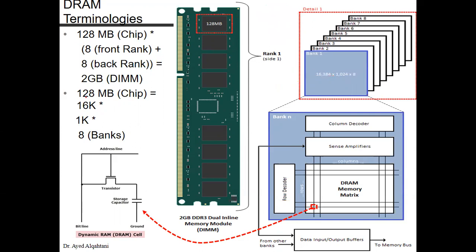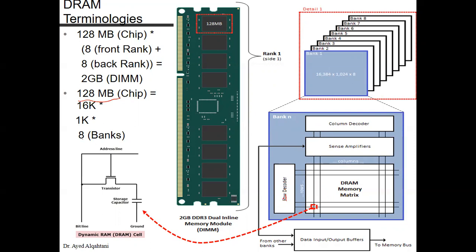It's also broken down here. The 128 is equal to 16 kilo times 1K times 8 banks, which will give you the same number. Now, if we take one of the banks, let's say that this is bank 1 or bank N, the cells inside the memory are organized as a memory matrix, where you have a number of rows and a number of columns.